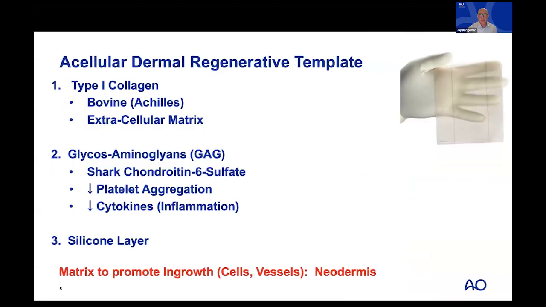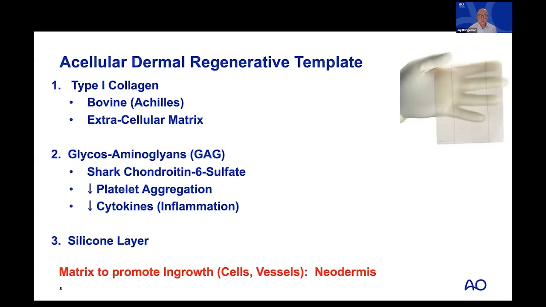So what is this? This is the first FDA-approved product in the United States. It was designed for burn victims, burn patients when they had a significant percentage body surface area affected by their burn, and there wasn't enough donor site available for their wounds. It is a bilayer of type 1 collagen and glycosaminoglycans. The type 1 collagen matrix is bovine from the cow Achilles tendon.